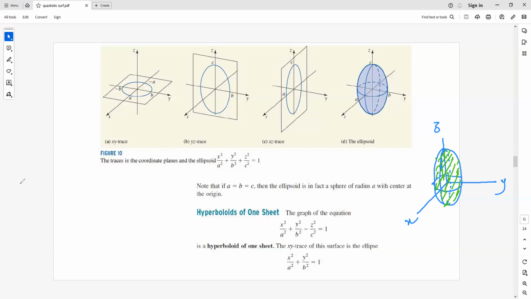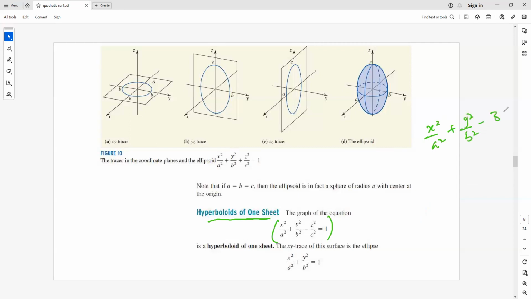Now let's see even more examples. Here we have a hyperboloid of one sheet. The equation is given as x squared over a squared plus y squared over b squared minus z squared over c squared equals 1.